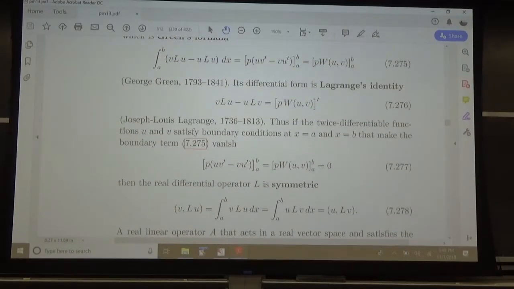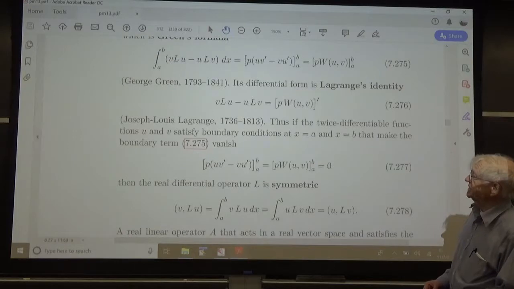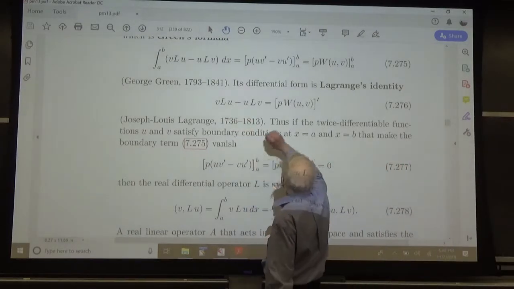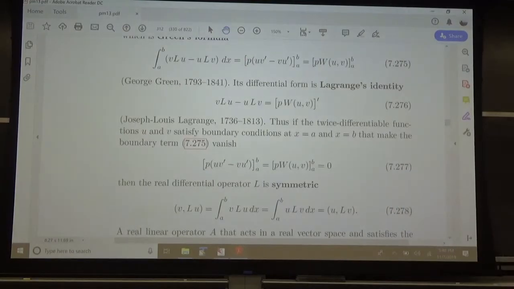That is called Green's formula, and it then says that the integral from A to B of vLu minus uLv dx is p times the Wronskian evaluated at B minus the same thing evaluated at A. Now, if you replace the letter B by x and differentiate that equation with respect to x, what you get on the left-hand side is this, and on the right-hand side you get the derivative of pW, p times the Wronskian, evaluated at x.